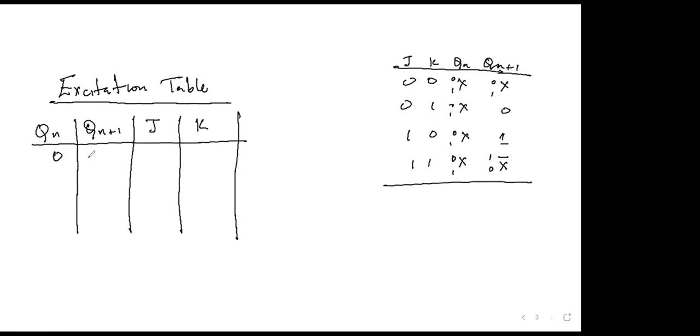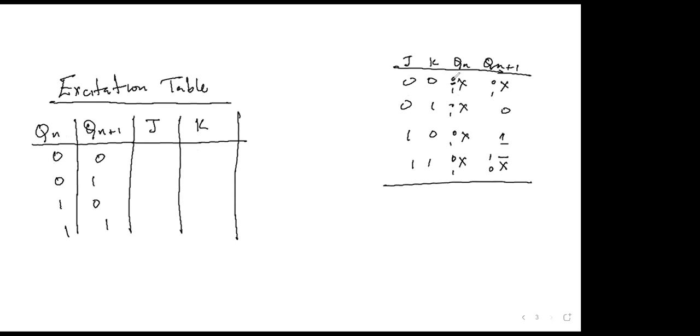For each of these conditions, if I'm at 0 for my output and I want to go to 0 for my next output, then what are the values of J and K? Now, when we examine, there are always two values of J and K that will cause that. So I am at 0 now.